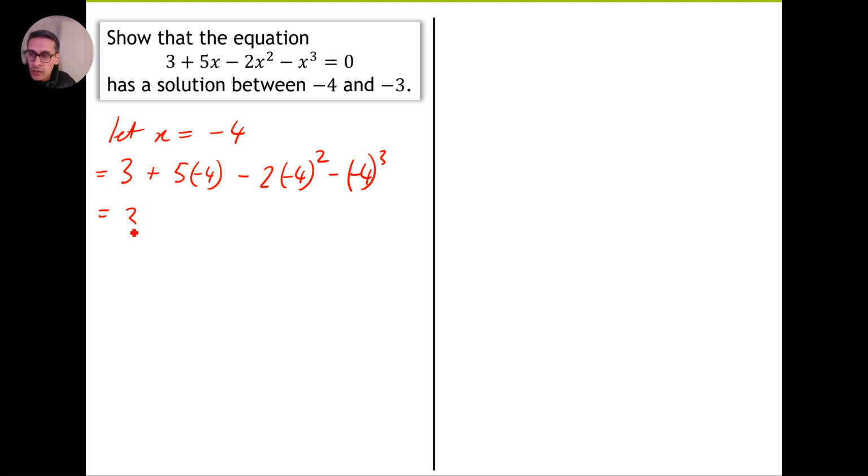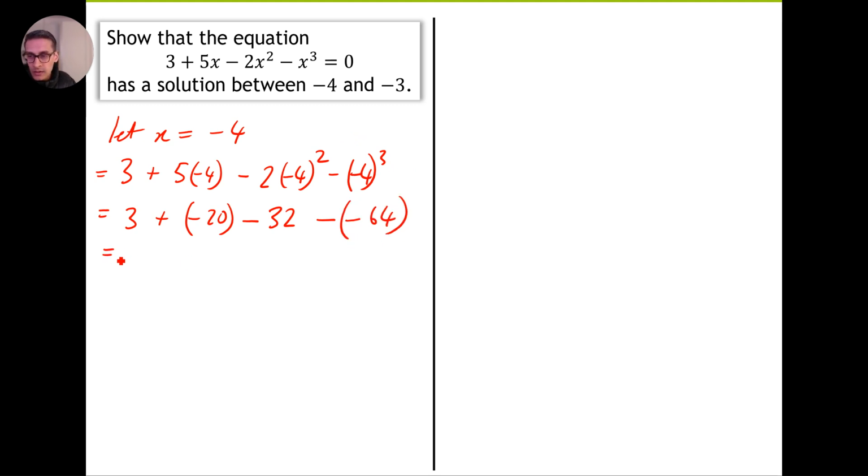So this is going to be 3 plus -20. And then we've got take away -4 squared is 16. And then 16 times 2 is 32. Take away, and then -4 cubed. Now -4 times -4 is positive 16. Positive 16 times -4 is -64.